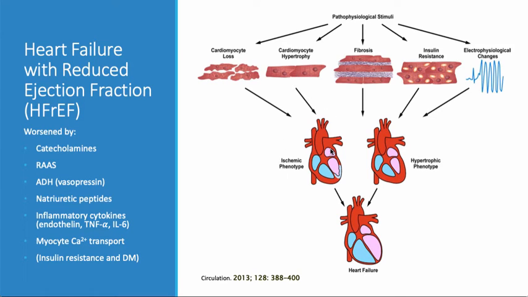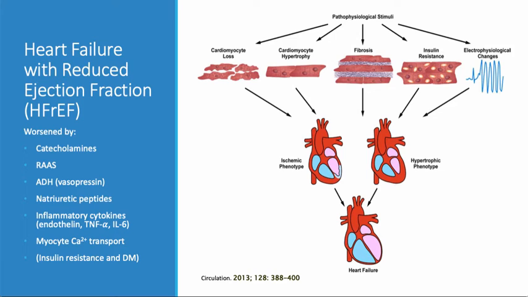That produces this ischemic phenotype that can lead to heart failure. And this is the systolic heart failure model. The diastolic heart failure model also exists, where you can have fibrosis and insulin resistance and the hypertrophy that occurs that leads to the insulin resistance, and then these electrophysiologic changes as well. And those sort of favor the hypertrophic phenotype. But all of them contribute to both of these, which eventually lead to heart failure. Okay?